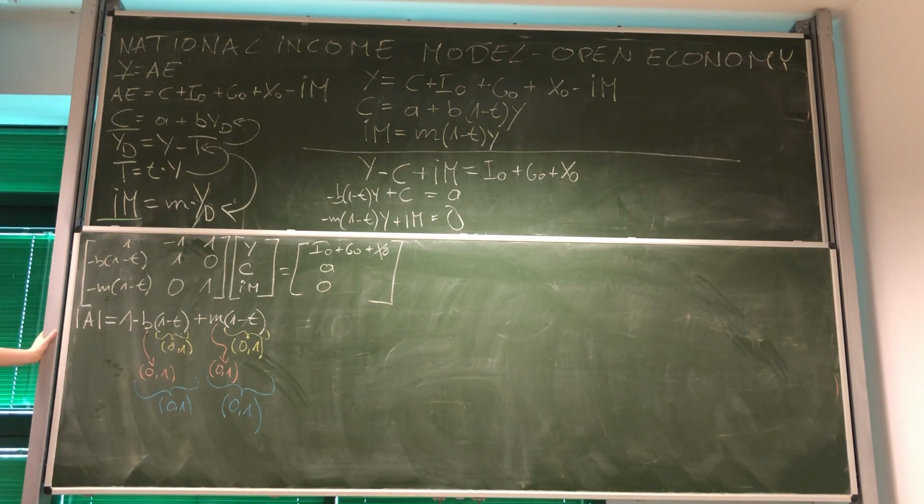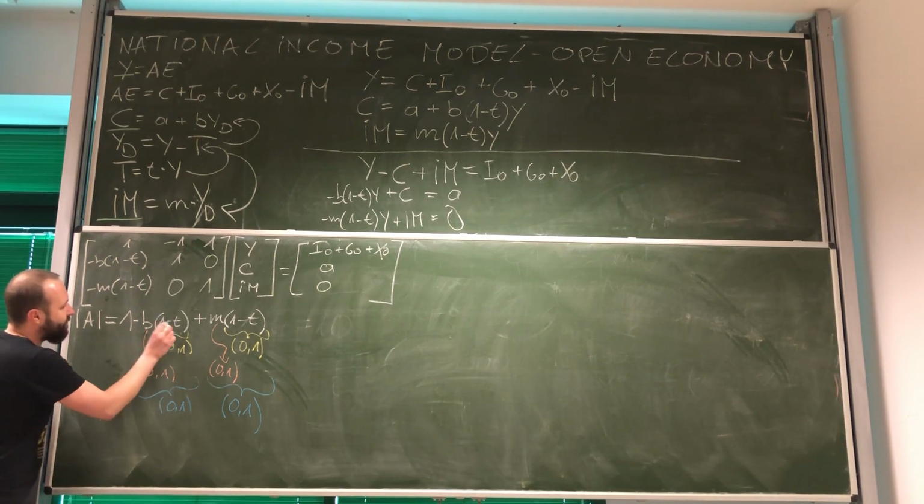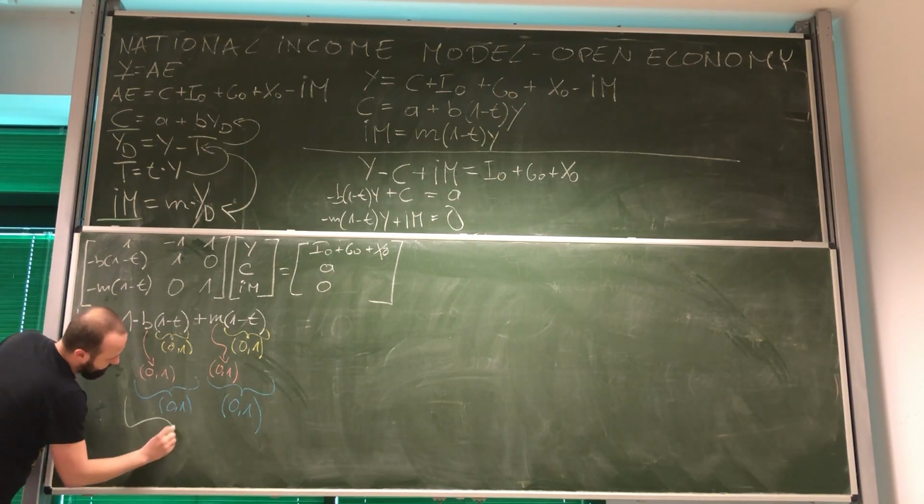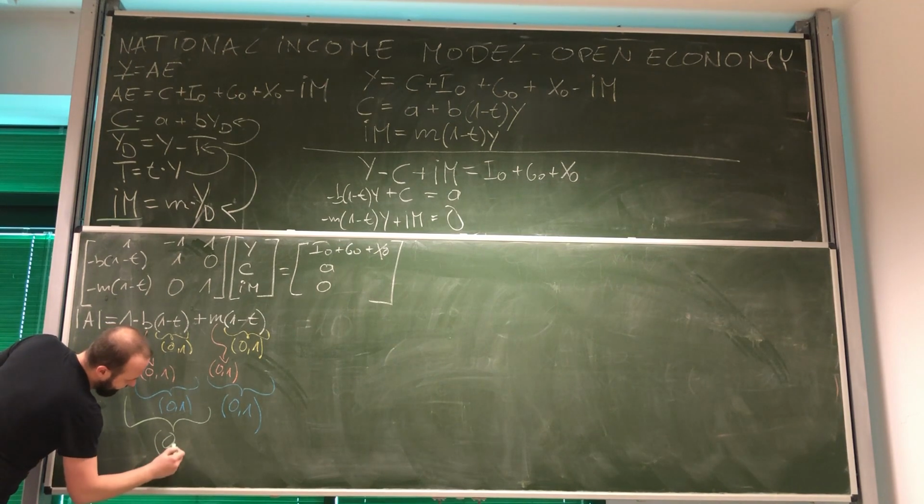So, what do we get now? Look, 1 minus b times 1 minus t, again, must be between 0 and 1.